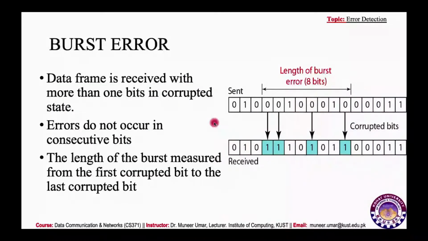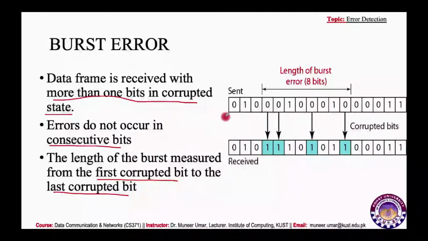Then we have burst error. A data frame is received with more than 1 bit in the corrupted state. Errors do not need to occur in consecutive bits. The length of the burst is measured from the first corrupted bit to the last corrupted bit.